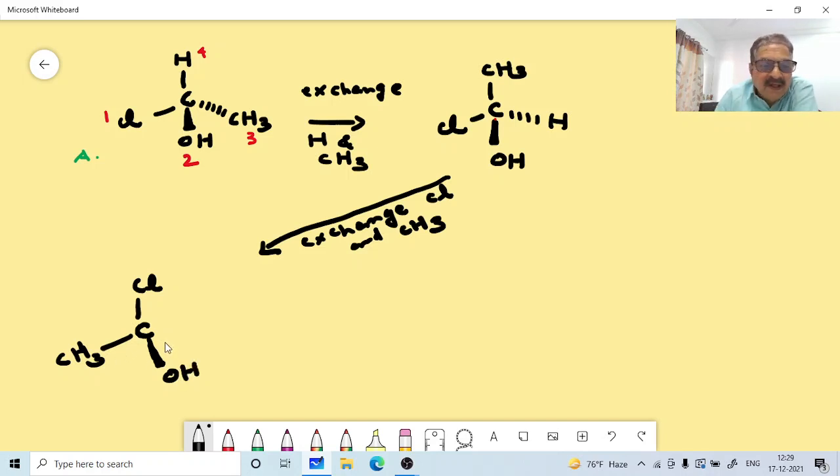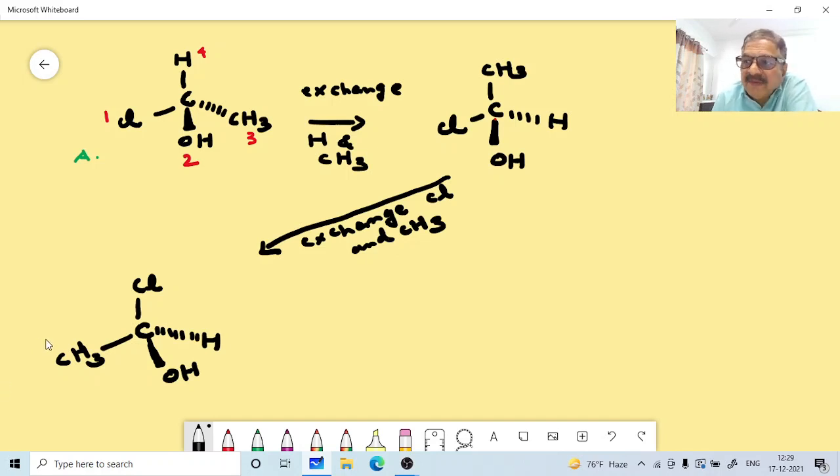Correct. Then hydrogen on a dash. So here we are exchanging chlorine and the methyl group. So we will be getting a molecule of this nature.